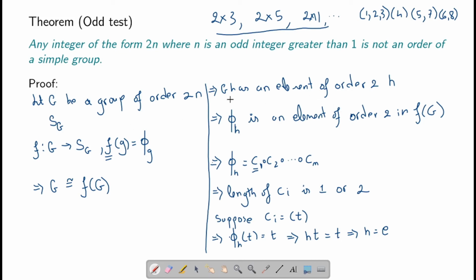We have taken h to be an element of order 2, and the identity element is an element of order 1. So this is a contradiction, which means that the length of all of these cycles has to be 2.